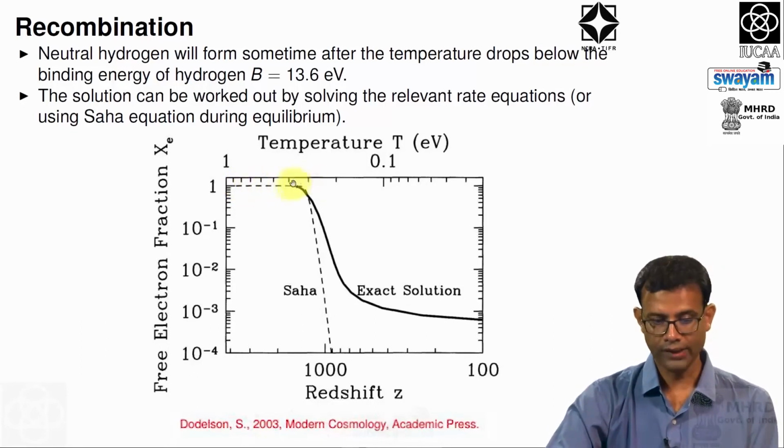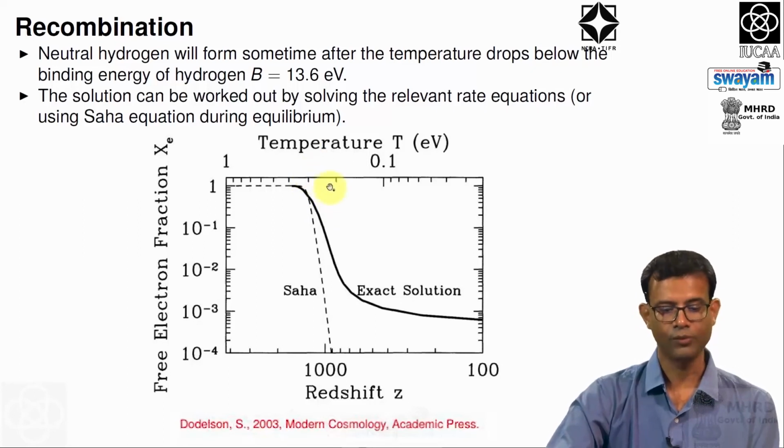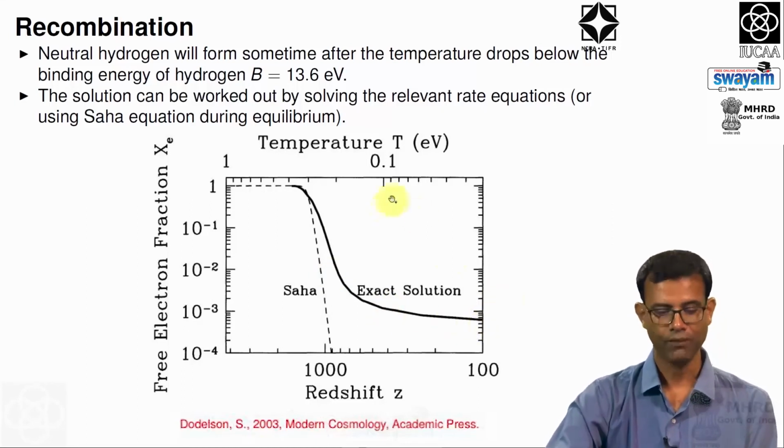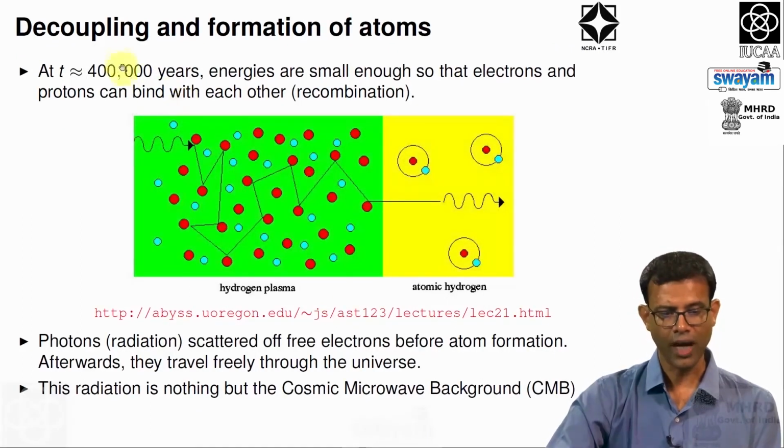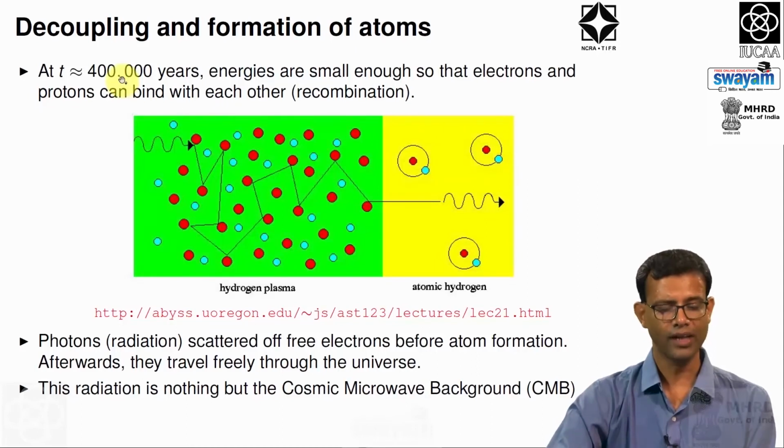As the temperature goes down, the free electron fraction decreases very rapidly. This is because now the electrons are getting captured in atoms. Okay. So, this is the time where the first atoms have formed, and the free electron fraction after that point would have dropped very drastically. Great. Now, in terms of time this would have happened a few 100,000 years after the Big Bang.